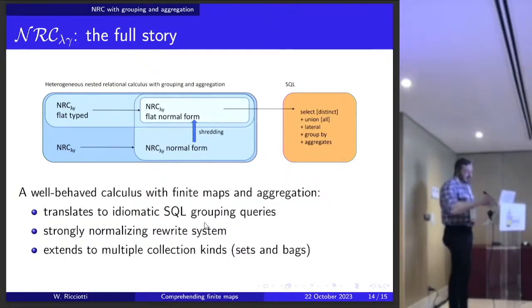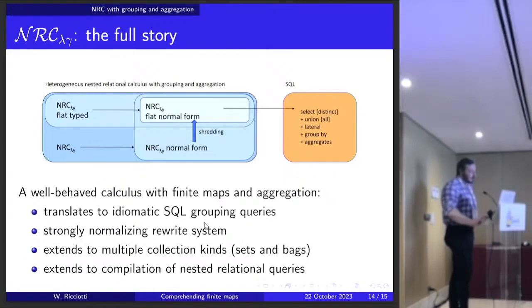And as I said, the full paper also extends to multiple collection kinds and to nested relational queries.